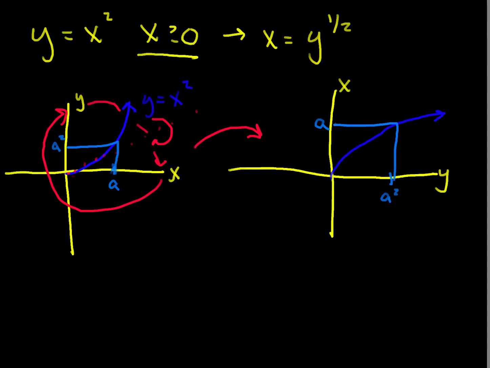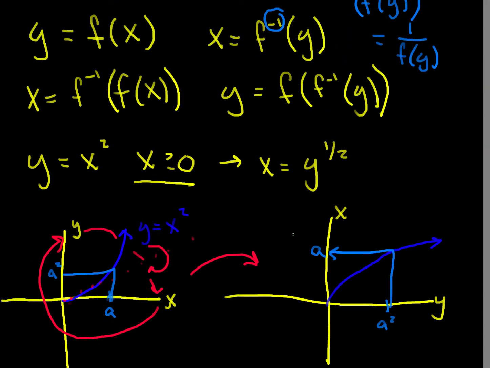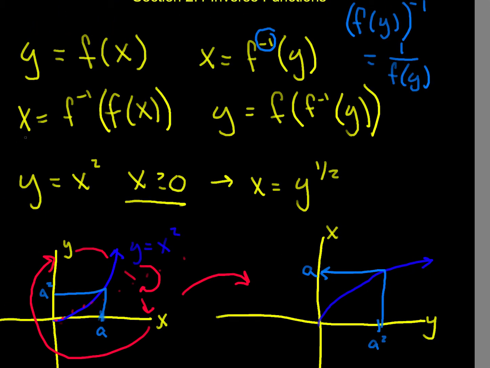So this kind of undoing makes their graphs, if we flip it around, identical. Or back to the idea that it undoes the function: if I apply f inverse to f, I get back to where I started, whereas if I apply f to f inverse, I also get back to where I started.